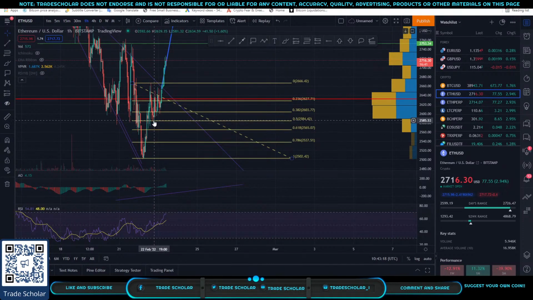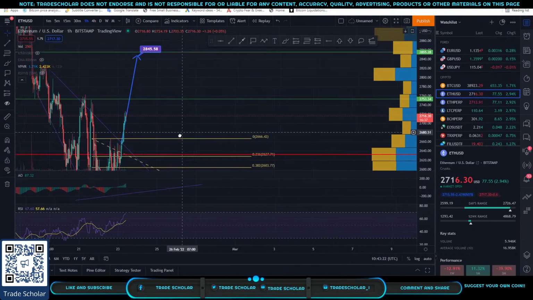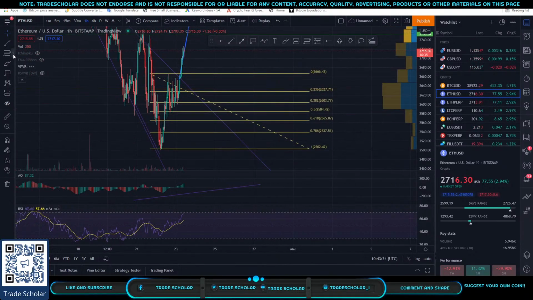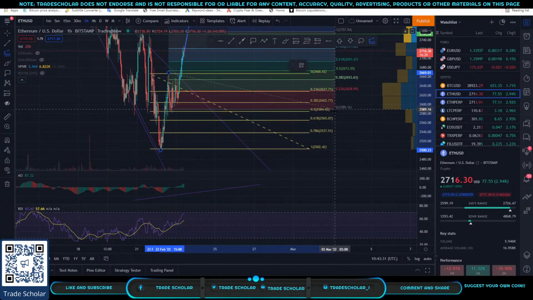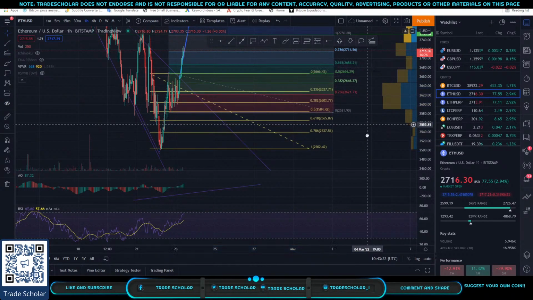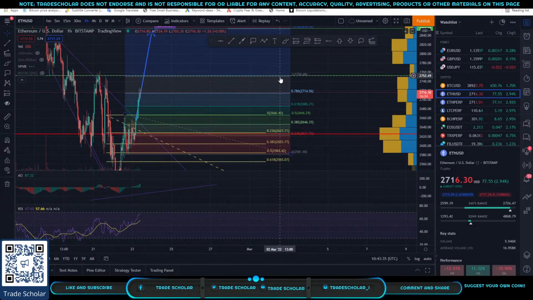Then we found support at 0.5, and then we started. You pull out your fib line, base fib low to high, and the target is 1. We are still in 0.786, and we found support right there.